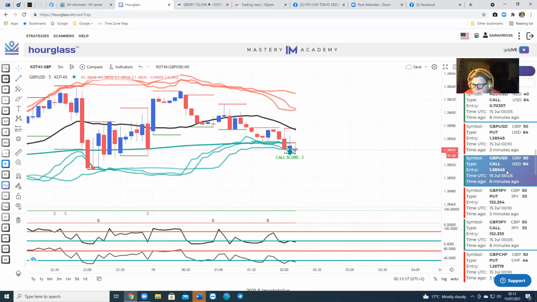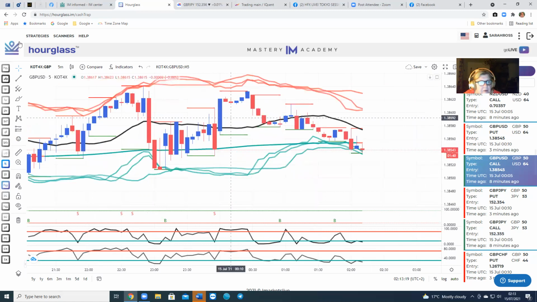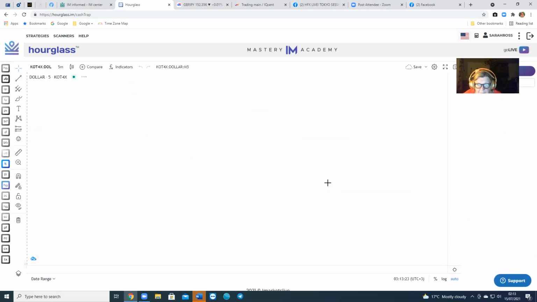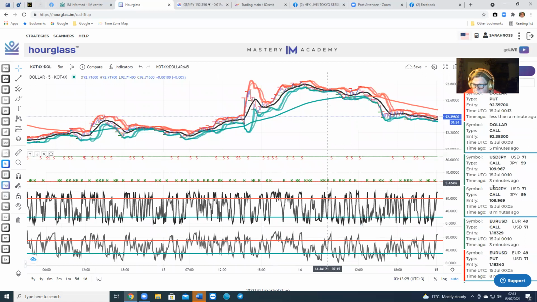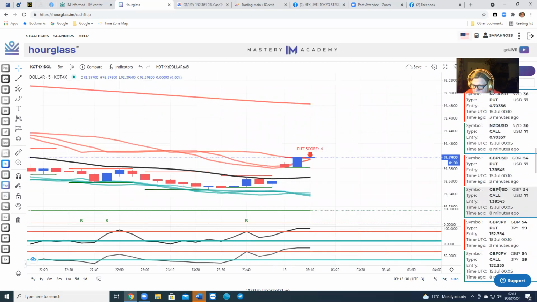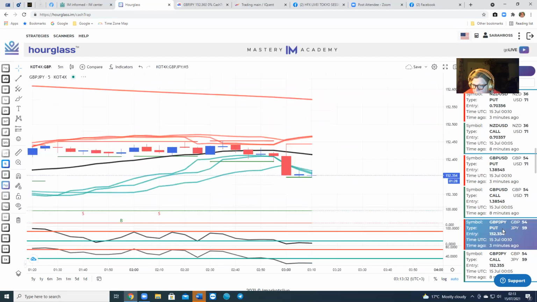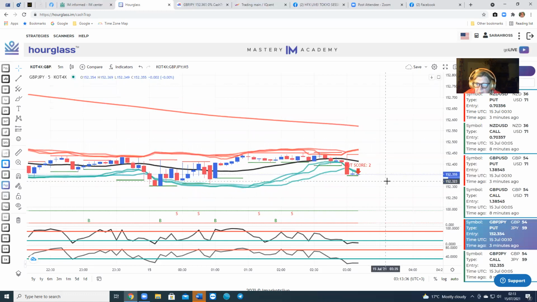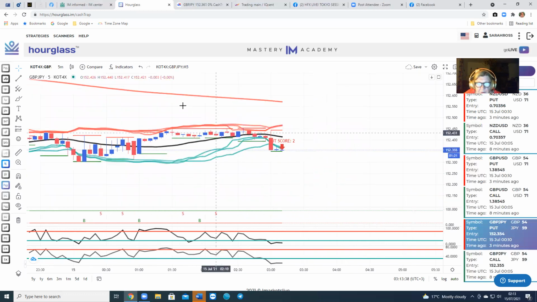Now that says 8 minutes ago, so let's see what happens if we refresh it. 54 to 59, 3 minutes ago, gave us a put score of 2. That's better. So our 200 moving average is above.